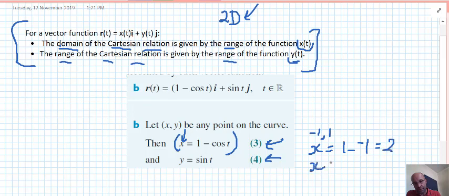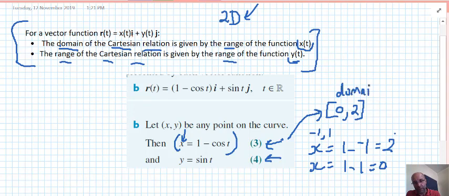We could also have at the upper end 1 minus +1, which is 0. So it can include those values as well. So basically that would be, as an interval, 0 to 2 inclusive. Because it's the range of x of t, it's the domain for the Cartesian relationship.